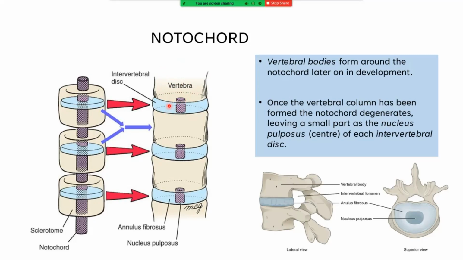The disc located between two vertebrae is permanently there, which is later called the nucleus pulposus. The nucleus pulposus is the remnant of the notochord.